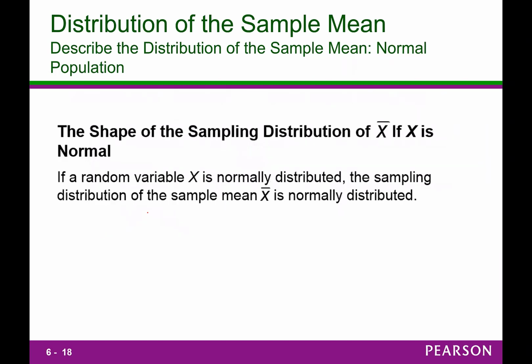This is another conclusion. If a random variable x is normally distributed, the sampling distribution of the sample mean is normally distributed.